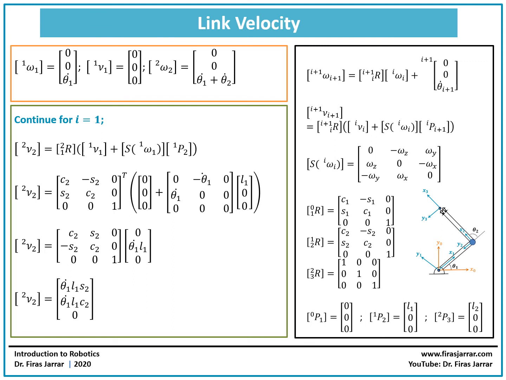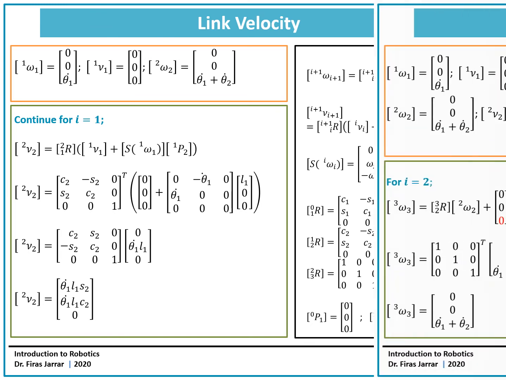So it's basically the linear velocity of this point here, the one I'm pointing at, which is the origin of frame 2. Now this result, we will take it and add it to the results section in the next slide.